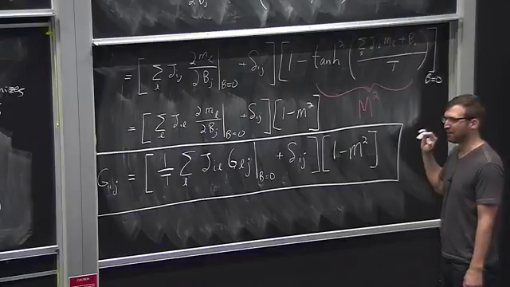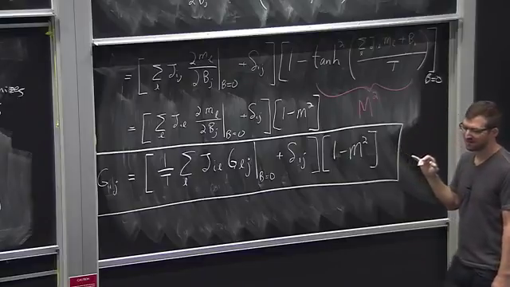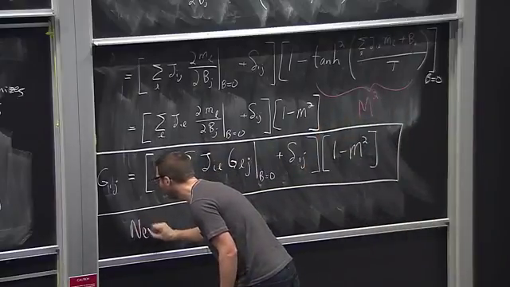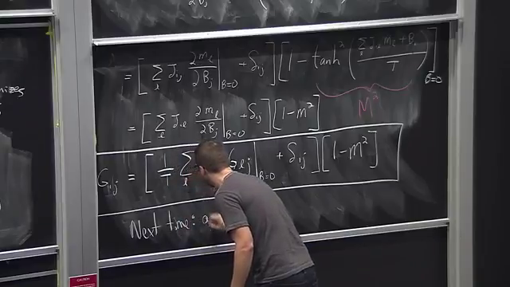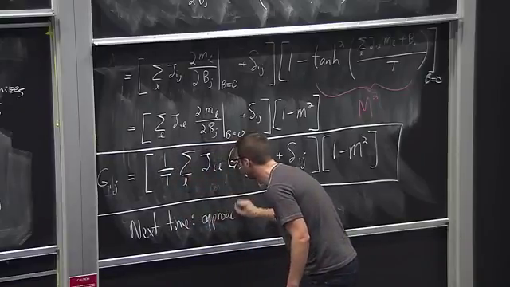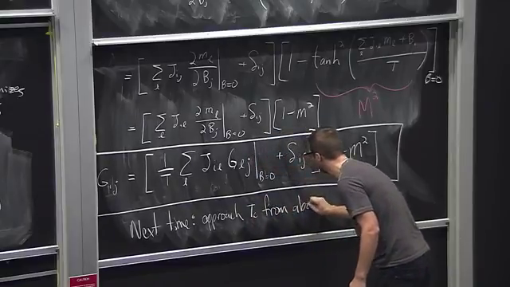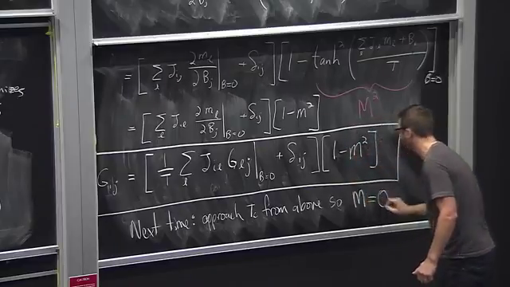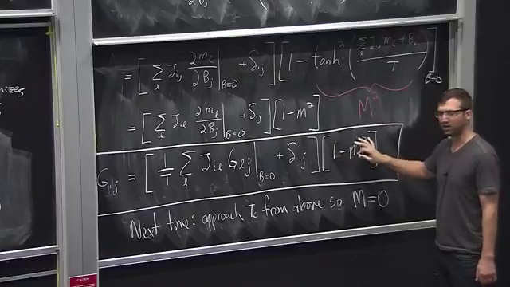One where I'm approaching the critical point from above, and so m is equal to 0. And then I get a nice expression because this piece all drops off.